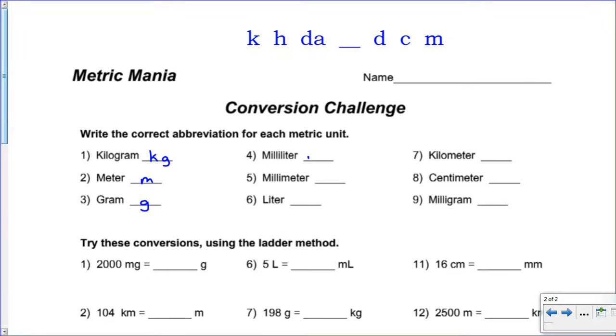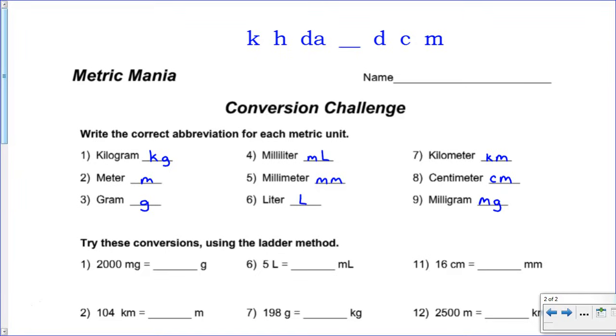Milliliter, that's milli, which is a lowercase m, and then liter, which is a capital L. Millimeter, milli, lowercase m, meter, lowercase m. Liter, uppercase L.